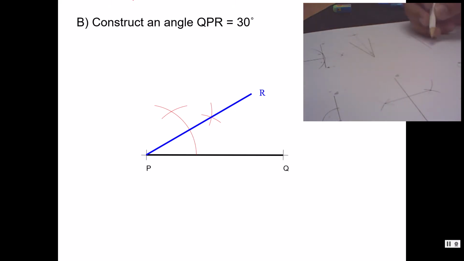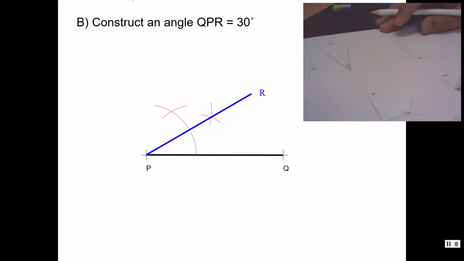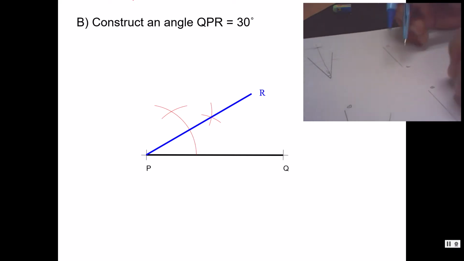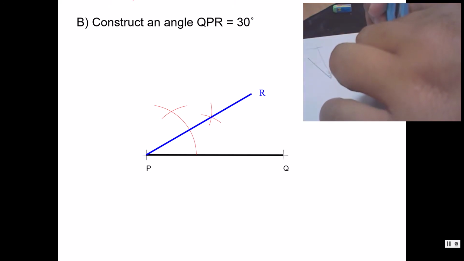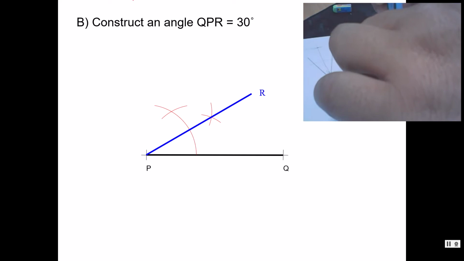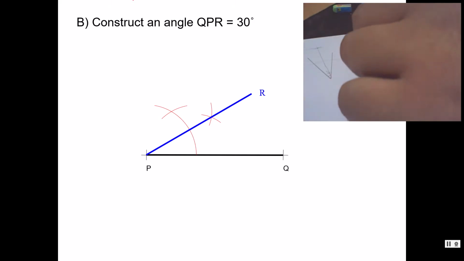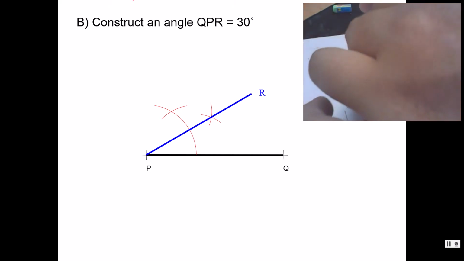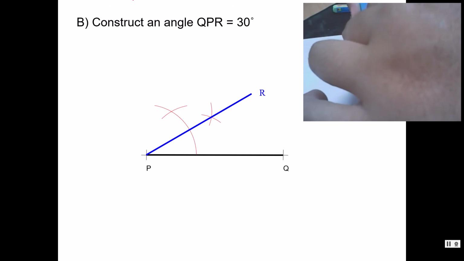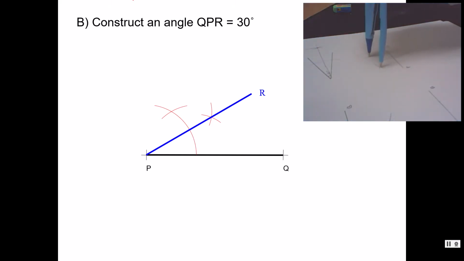Okay, this is P and this is Q. It's a similar step like the 60 degree angle: you draw one circle, and then from here you draw another circle, and then from this point you are going to draw one circle, and from this point you are going to draw one circle.